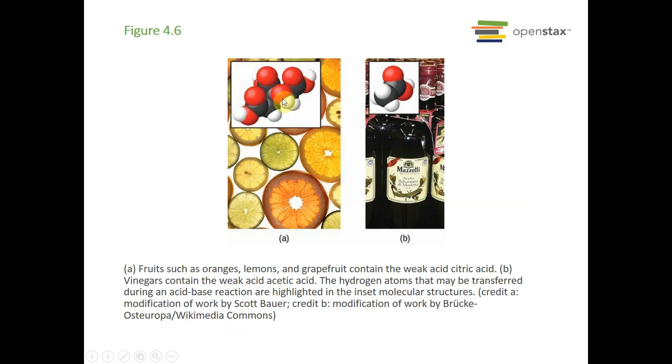They don't do a really good job of showing what citric acid looks like here, but this is acetic acid. That's the active hydrogen. In this case, the hydrogens that are attached to oxygens here are the active ones, and those attached to the carbons are not.